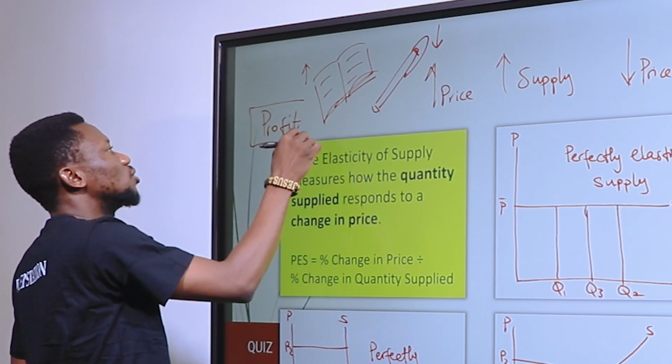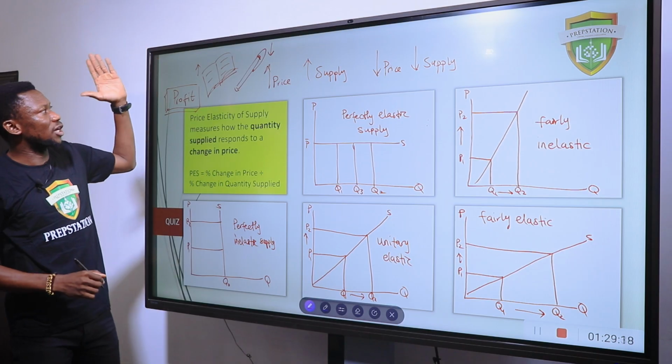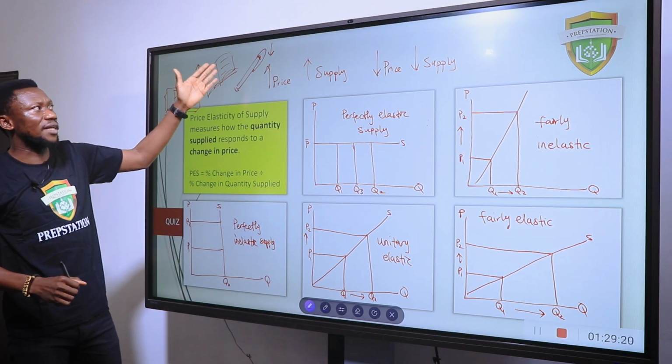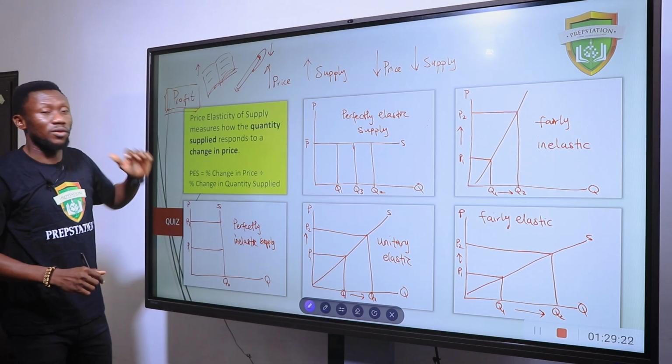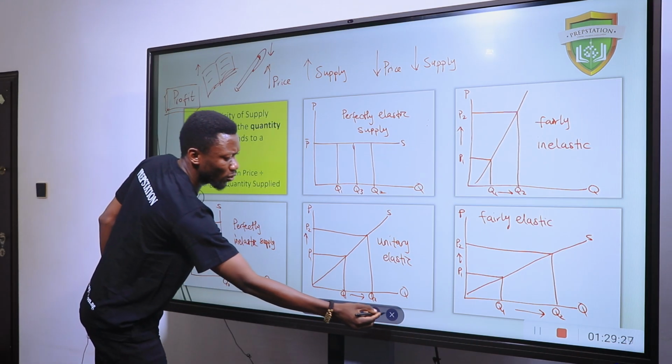And this is why you are starting a business in the first place. So you want to sell more books because the price is going up and sell fewer pens to make more profits.